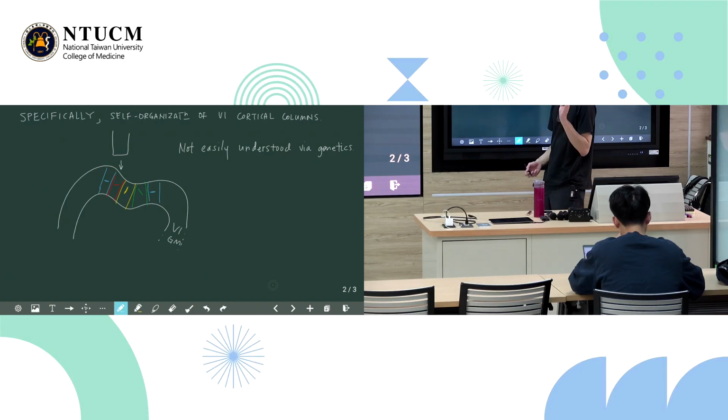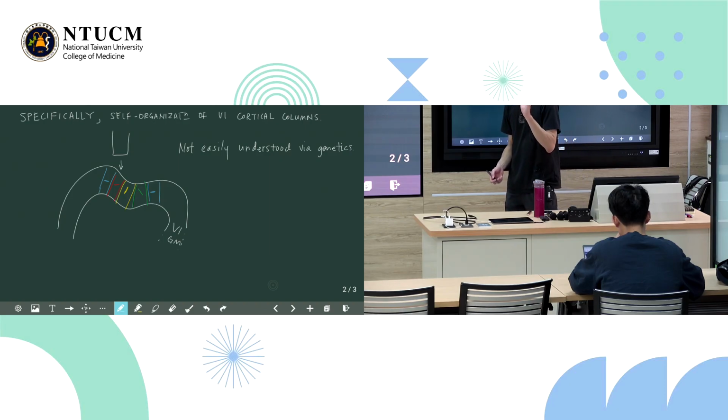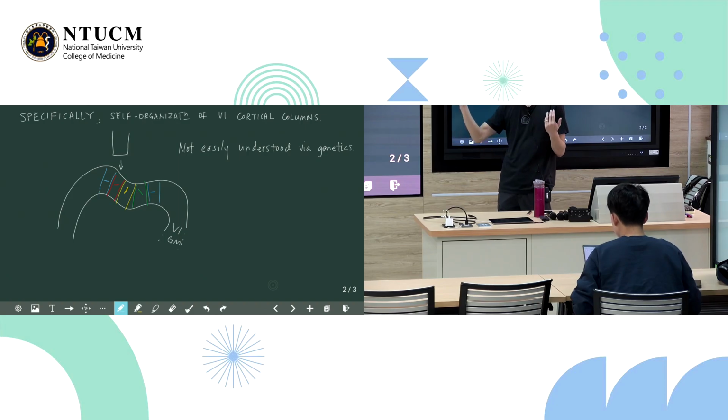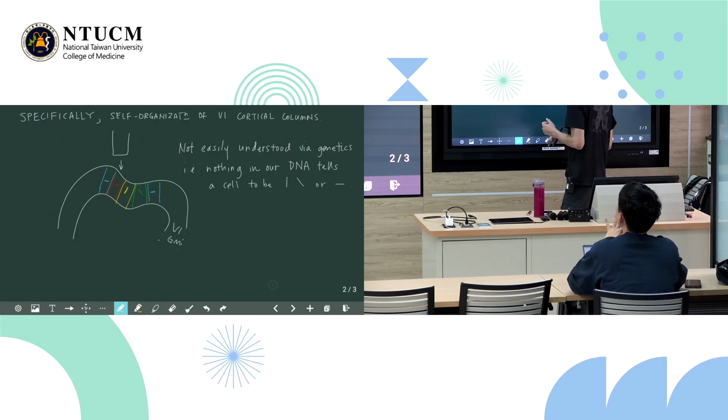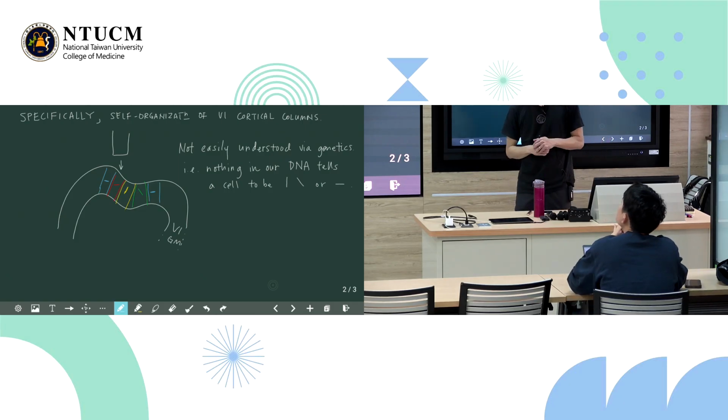But we do not have in our DNA any signal to say that you are going to be a horizontal line cell, a 60-degree cell, or a vertical line cell. Nothing in our DNA tells us that. This phenomenon is self-organized.